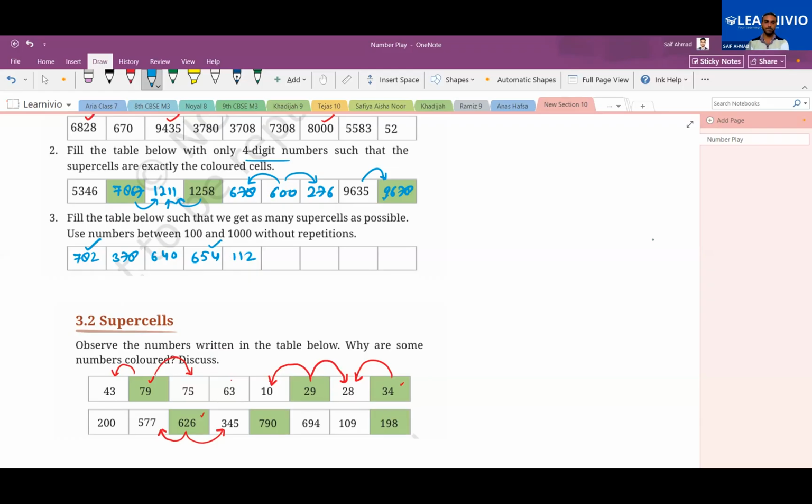Then 8,910. You have to use numbers between 100 and 1,000 only.